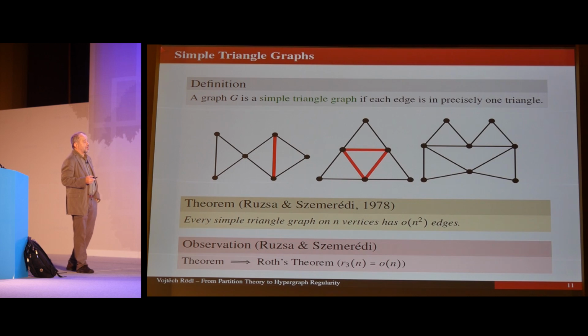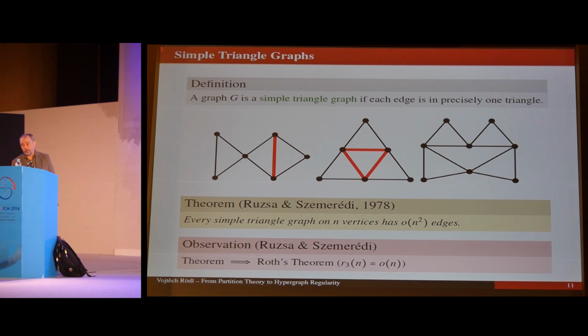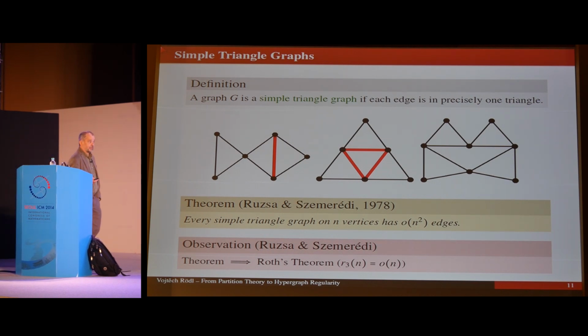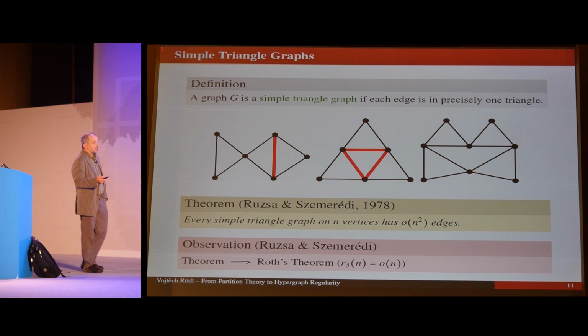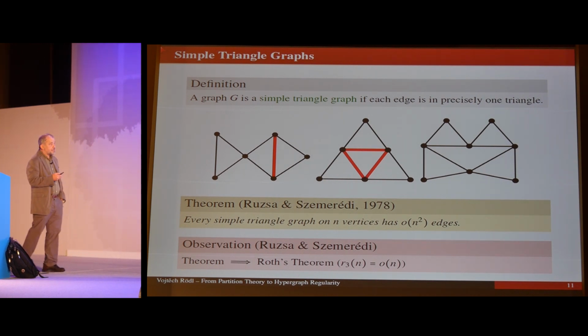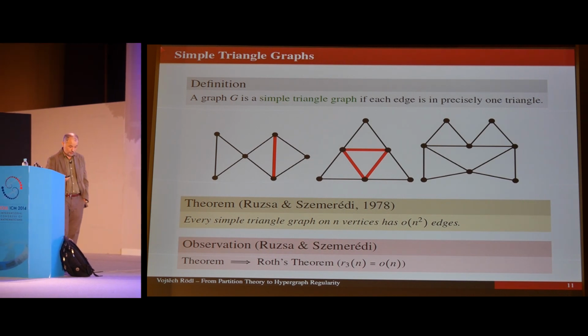And they also observed that their theorem implies Roth's theorem. At least it implies its qualitative version. So it doesn't give n over log log n, but it gives r_3(n) is little o of n. And in some sense, this theorem will be a starting point for our discussion for hypergraphs.